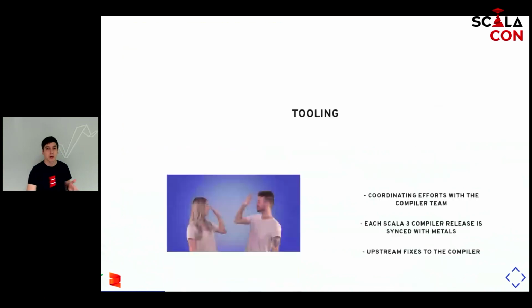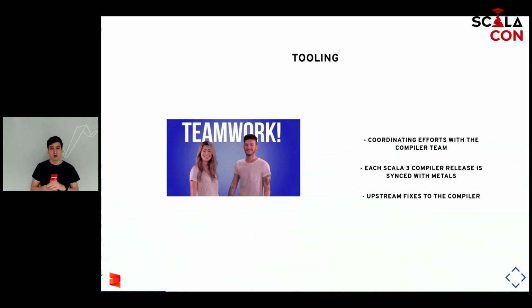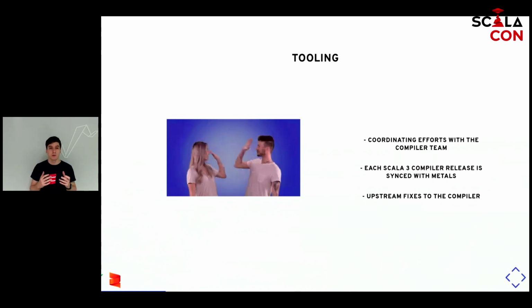I'm happy to say that we're actually working with the compiler team. We're coordinating efforts when it comes to fixing some upstream issues in the compiler. Metals uses the Scala 3 compiler. We're trying to make sure that every release of Scala 3 is available to use in Metals as soon as possible.